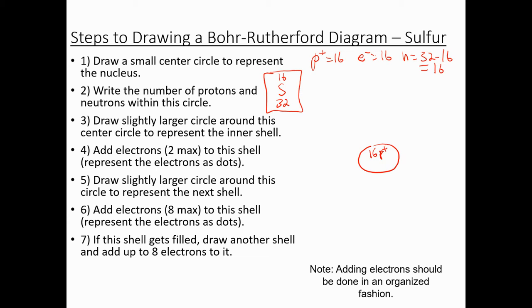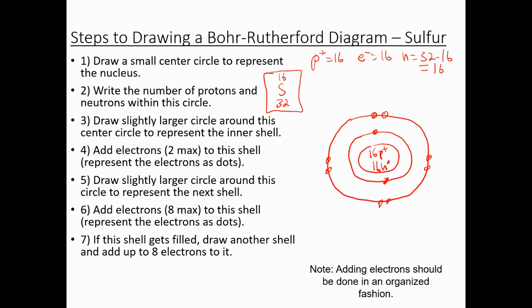16 protons, 16 neutrons. Let's make our first circle over here. 1, 2. That's full now. We've placed a 2, so that's full. Now we have to go and make another shell because we still have 14 electrons left to place. So 1, 2, 3, 4, 5, 6, 7, 8. This is now full.